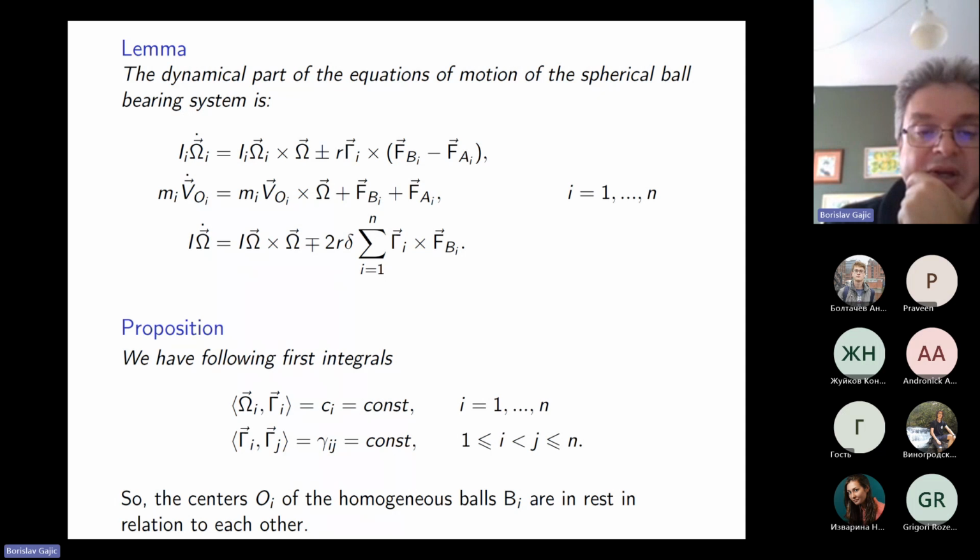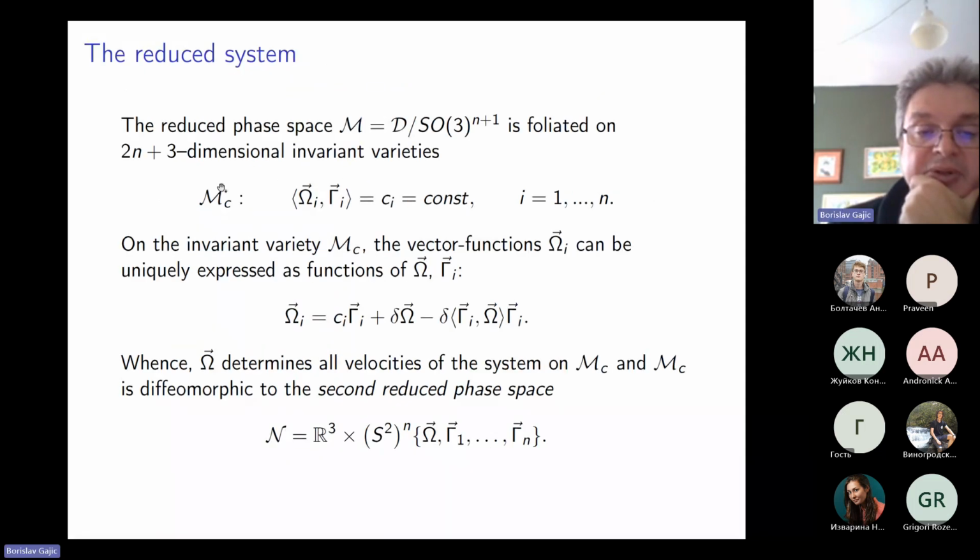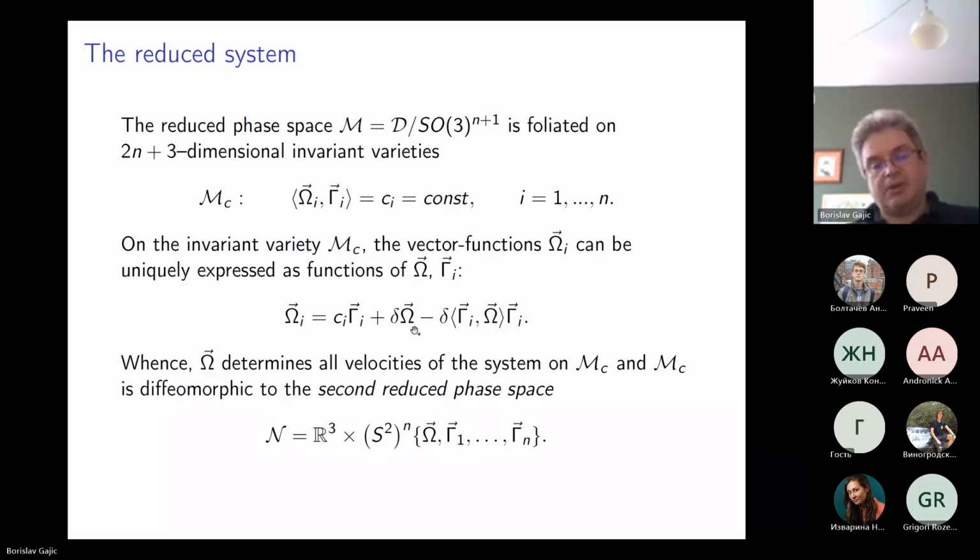Now C we can fix. When we put C to be constrained, we obtain the motion on M_C, and on M_C we can solve for omega, the angular velocity of the moving balls, in terms of omega, the angular velocity of the non-homogeneous sphere, and the directions of the centers.